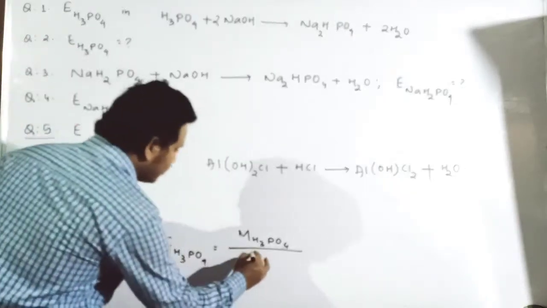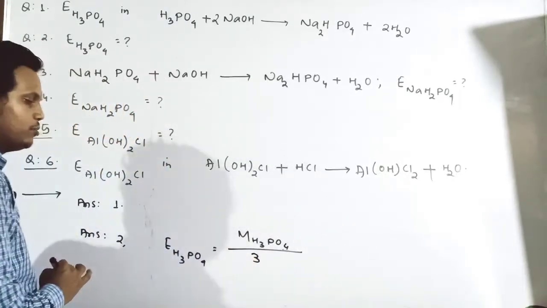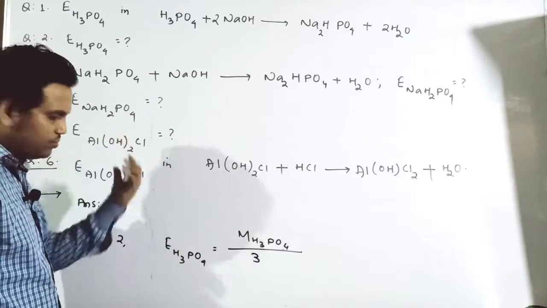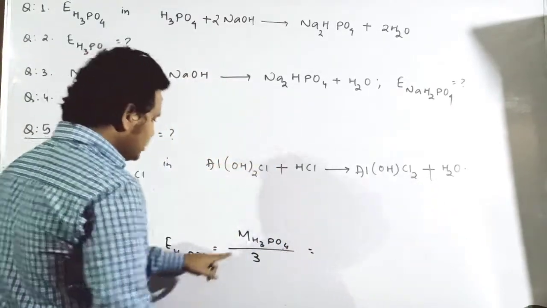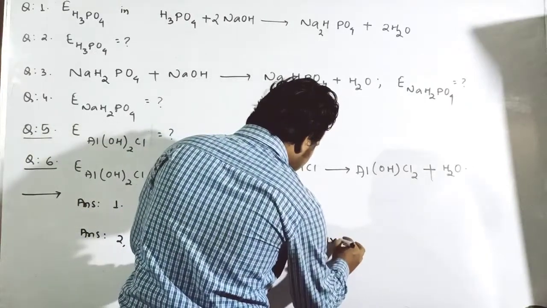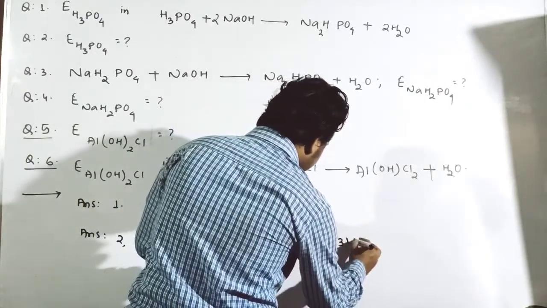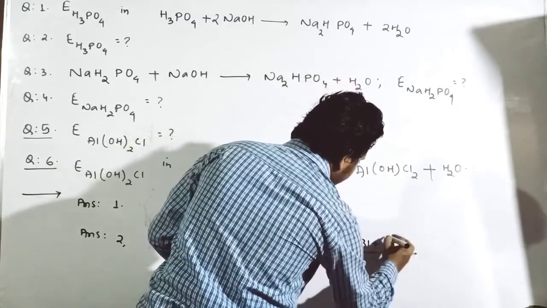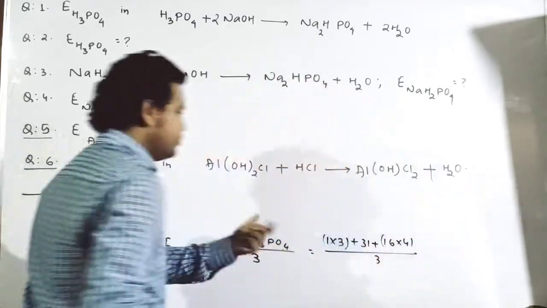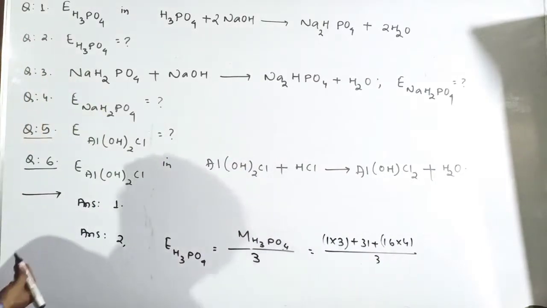So this having basicity 3, divided by 3. Now write the molar mass: hydrogen 1 3 times, phosphorus 31, oxygen 16 4 times. Divided by 3, whatever we get will be our answer.